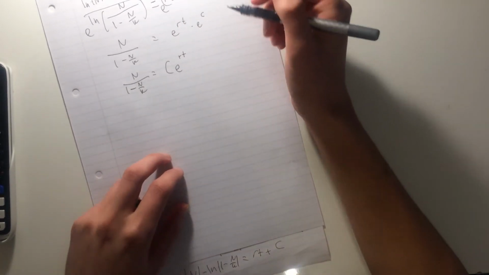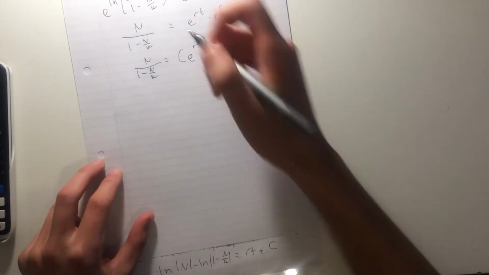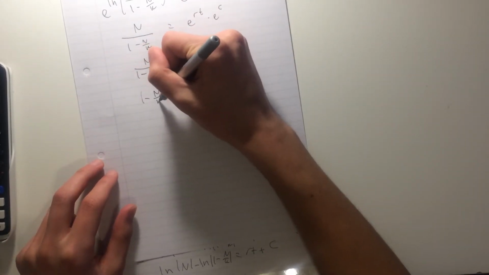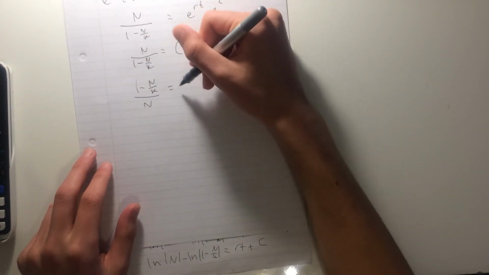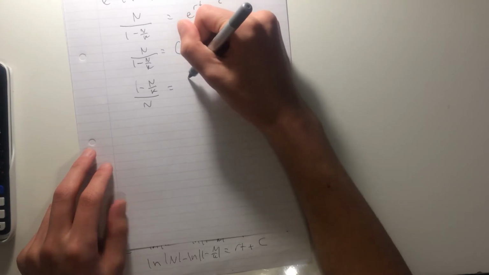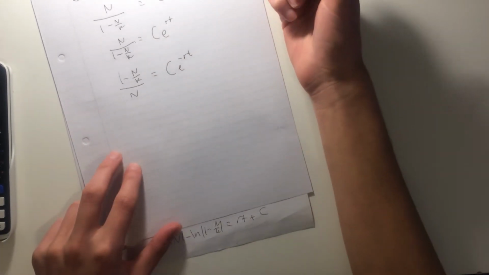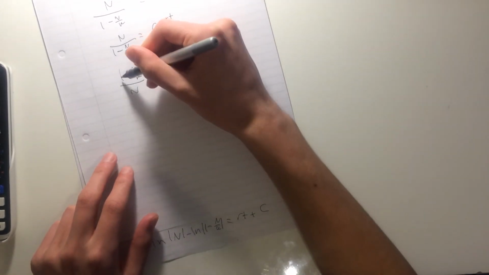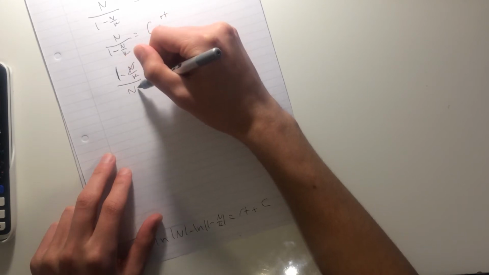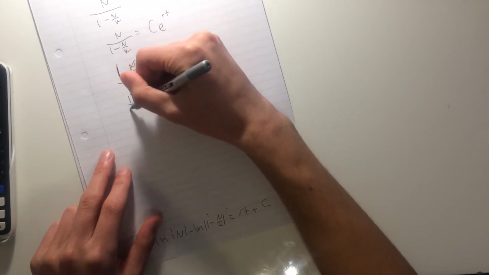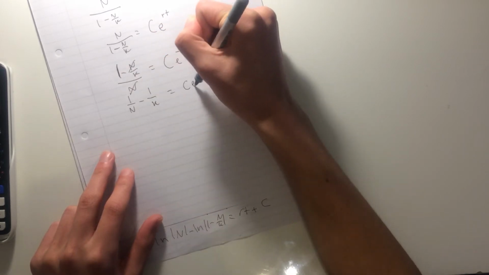Now we can reciprocate everything, and we get 1 over n divided by k over n equals c, the reciprocal of c is another c, it doesn't really matter, times e to the minus rt. And now we can manipulate this fraction in a funny way. Cross out n here and n here, then it's 1 over n minus 1 over k equals this.